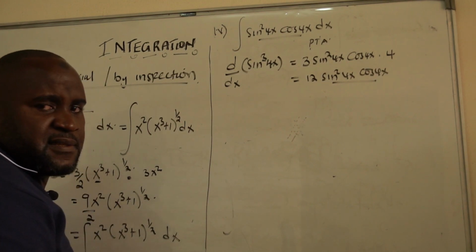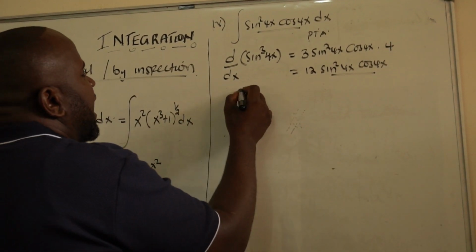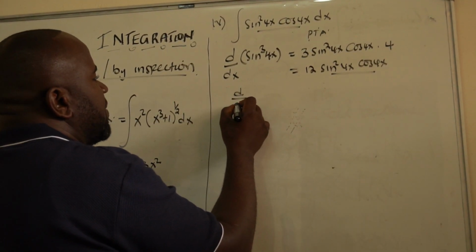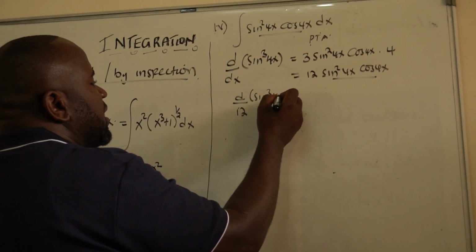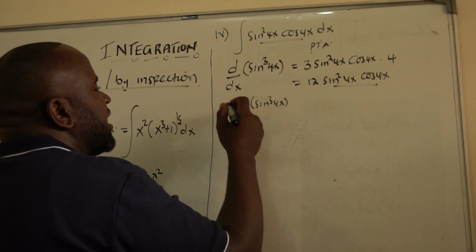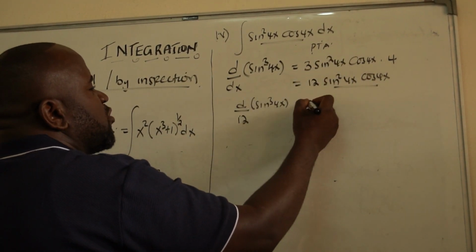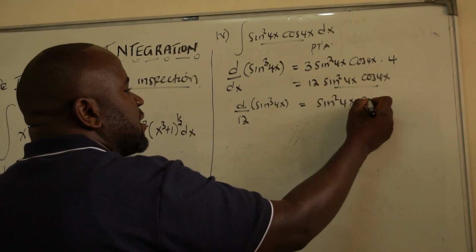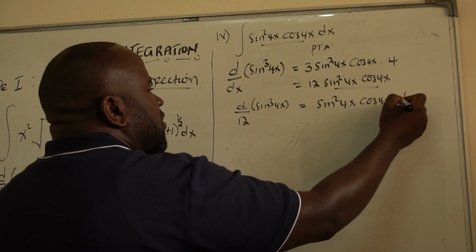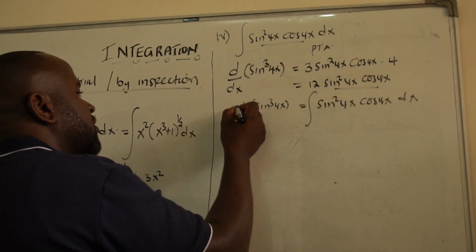the question suggests. For that reason, I can now make them be separated in terms of this. As you can see, I've brought the 12 on this hand. I'm taking the dx on the other side to match the question so that we can have sine squared of 4x cos of 4x with respect to x integral.